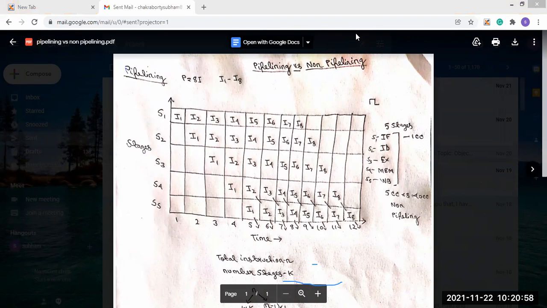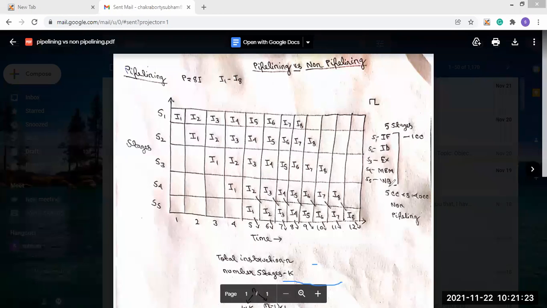Now, in non-pipelining, we already know that to execute an instruction we require 5 stages, and we assume that executing each stage requires 1 clock cycle.